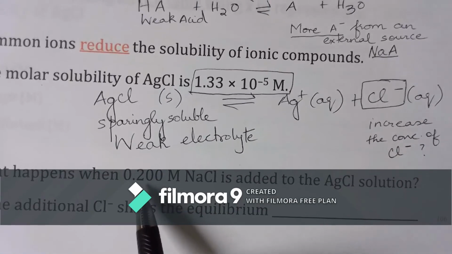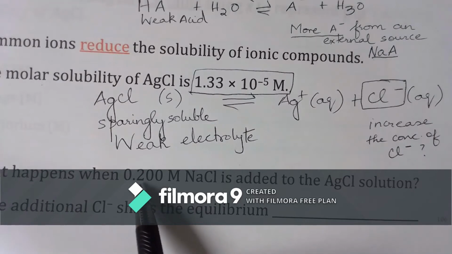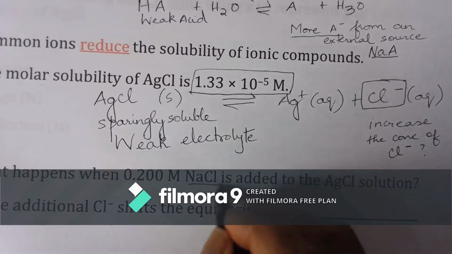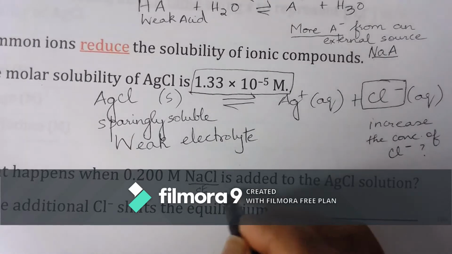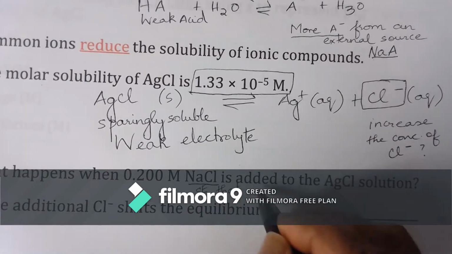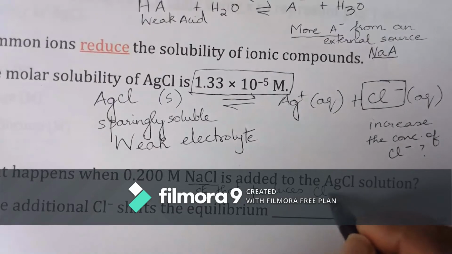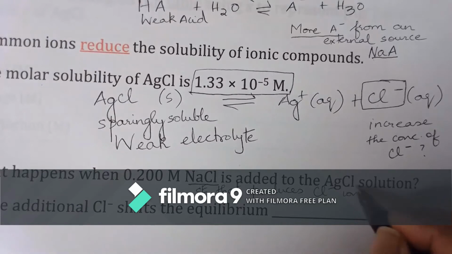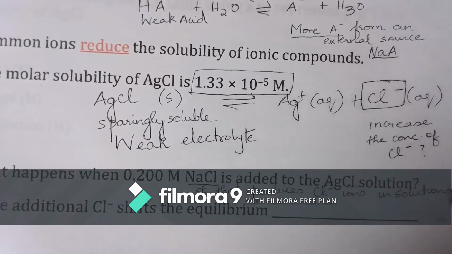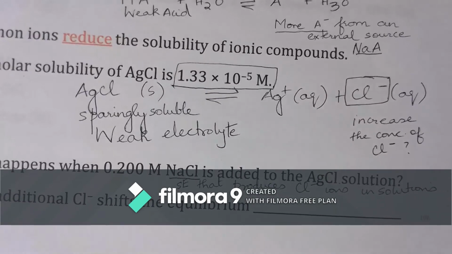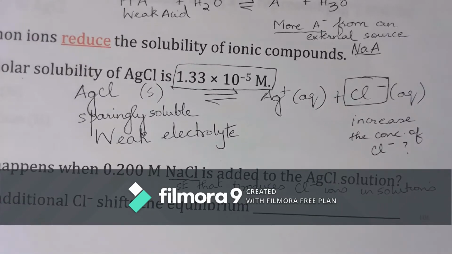You're going to add 0.200 molar NaCl. So this is your strong electrolyte that produces Cl minus ions in solution. Okay, I'm actually using this topic to clarify what you've learned about the common ion effect in the buffer section.